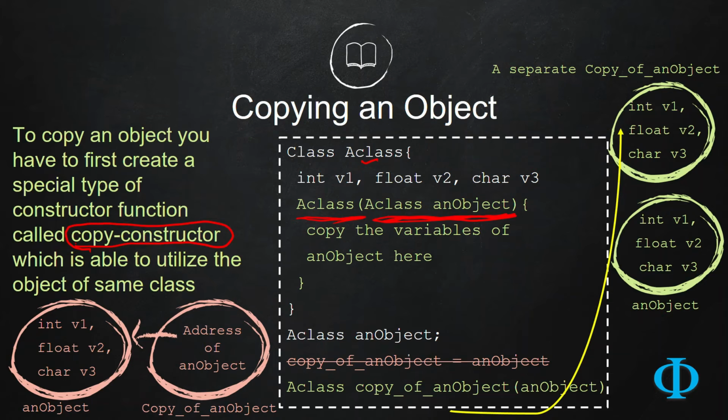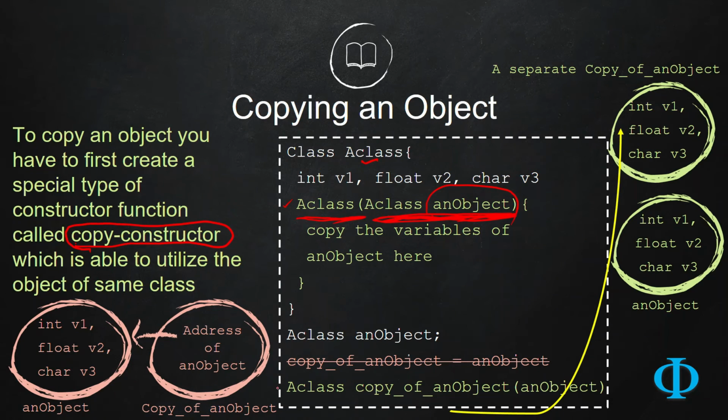So what happens if you do something like this? Just remember the concept of constructor. A constructor creates a new object. So by means of this constructor, you are creating a new object, and by passing an object of the same class, you can create a copy of this object.